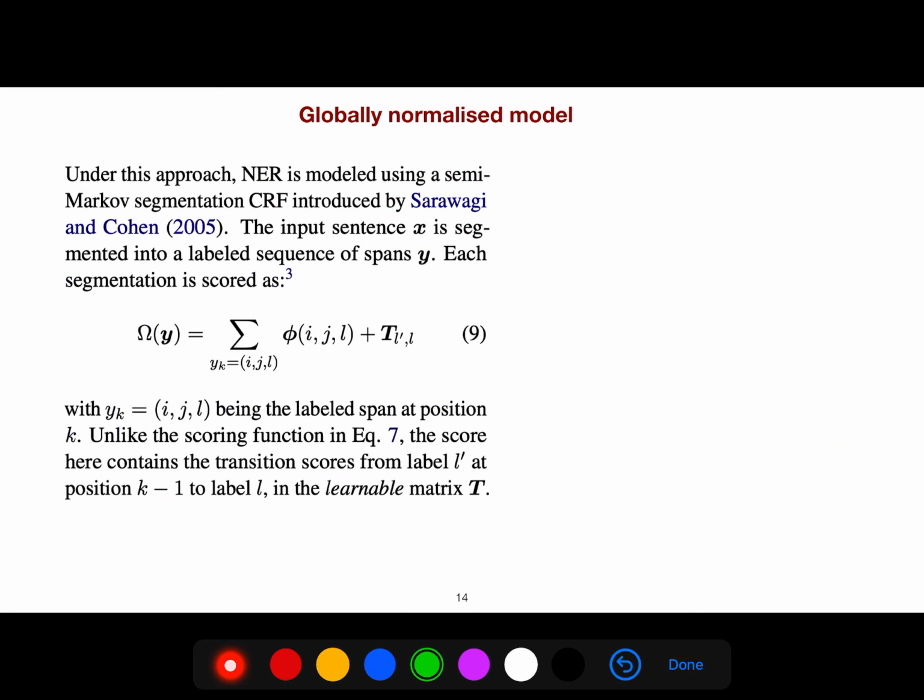The input sentence X is segmented into a label sequence of spans, and this is the reason that this paper uses structured prediction, because it wants to show that it also cares about global things as well, such as the semi-Markov segmentation CRF that people used in 2005, and we also learn this as well.